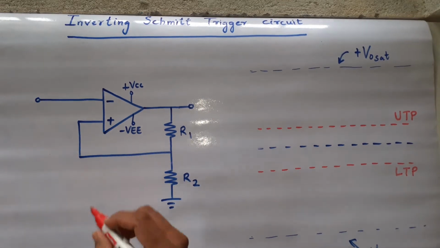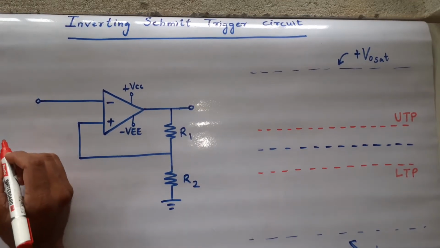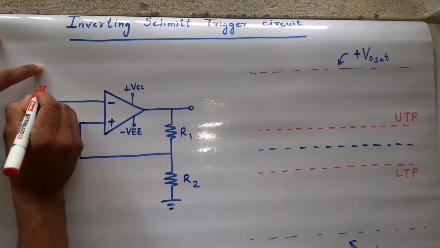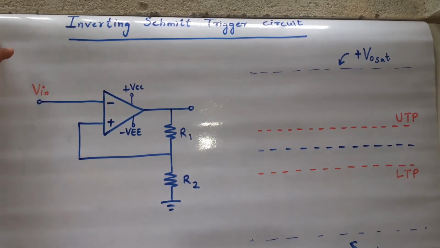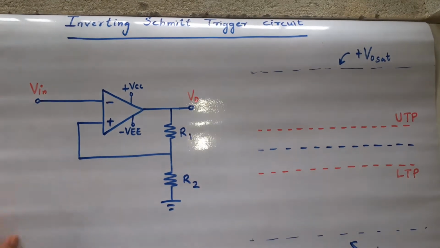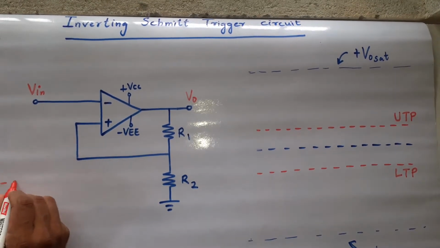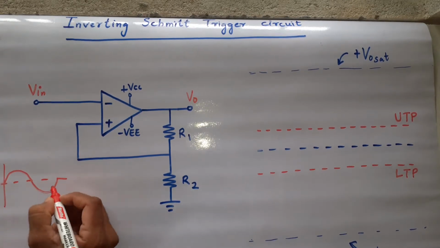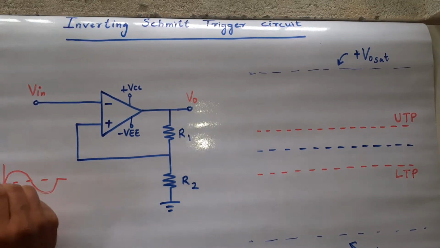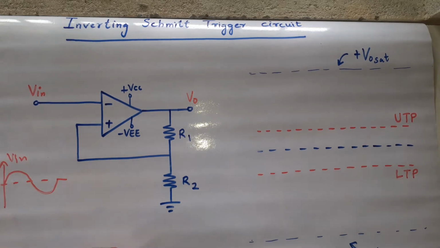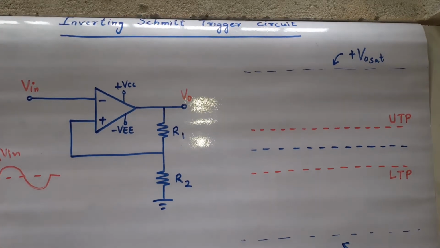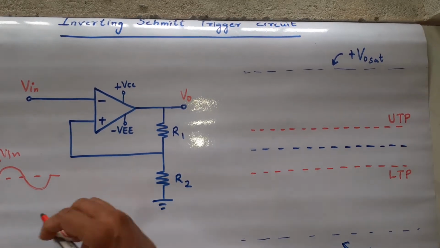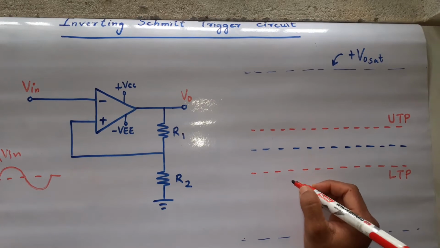So the input is applied to input is here, output is here. Okay, suppose we have given this as your input. Okay, this as your input, that is sinusoidal input waveform. So this sinusoidal waveform, let me redraw it here.